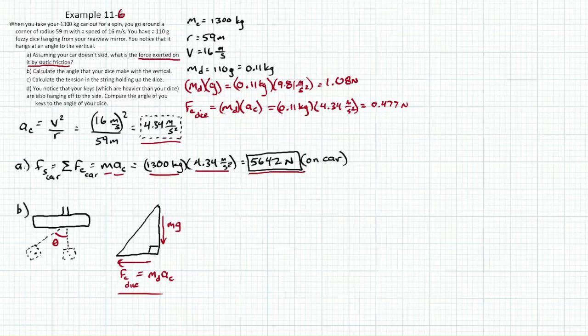So those are going to be the two forces in our vector diagram here. Still kind of a skewed right triangle, but you get the idea. So now it becomes simply trig. Our mg is 1.08 newtons acting downwards on our dice.